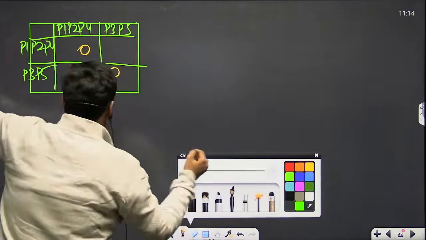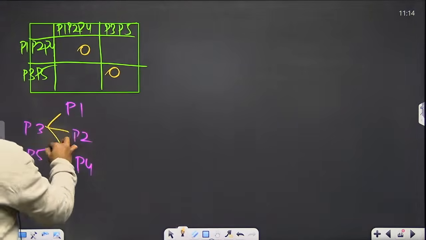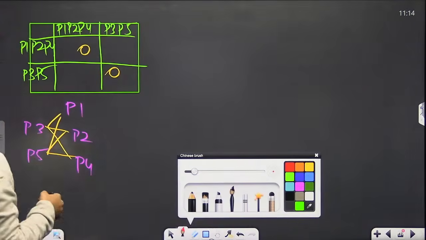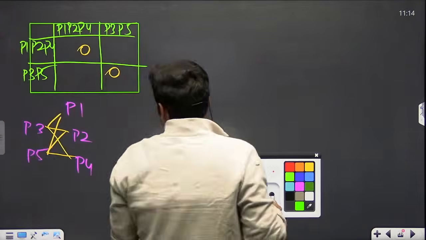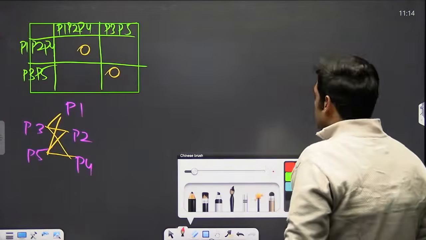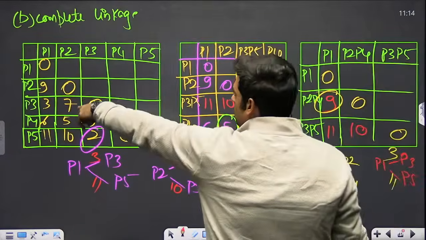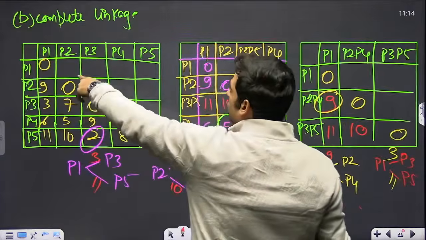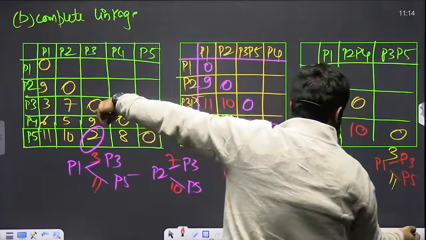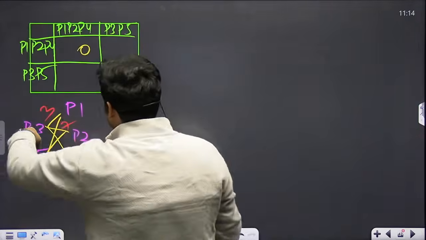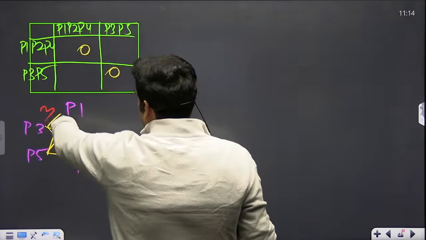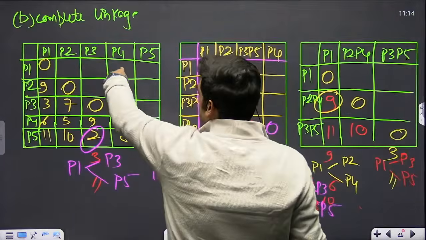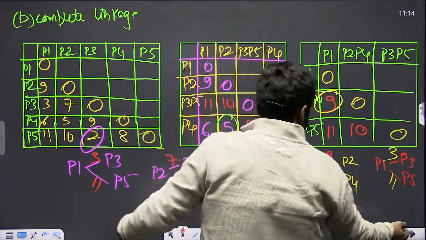Yes, I have to select the maximum one. So let's check P1 P3, P2 P3, P4 P3. P1 P3 is 3. P2 P3 is 7. P4 P3 is 9.